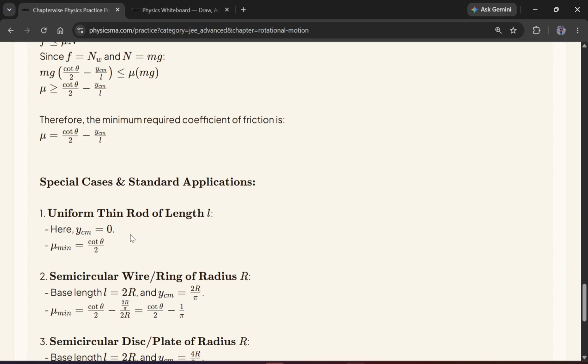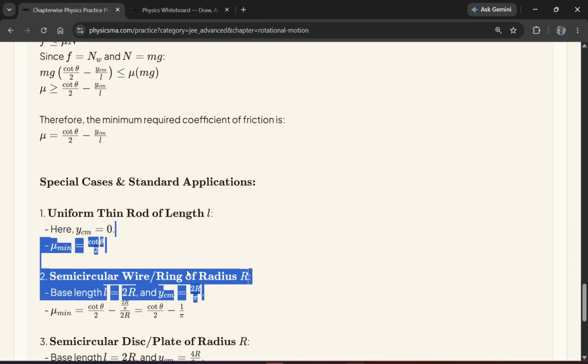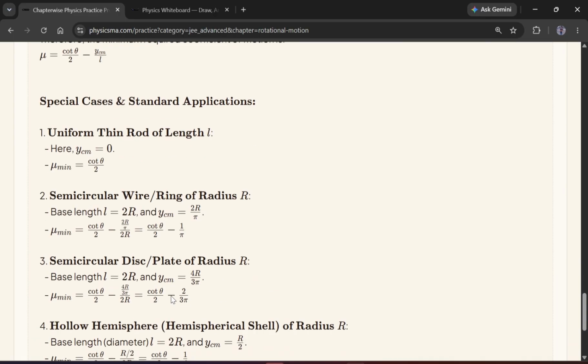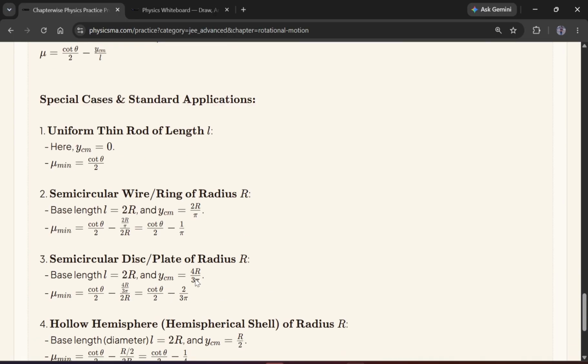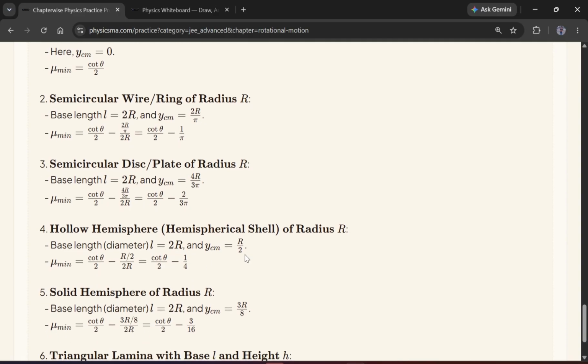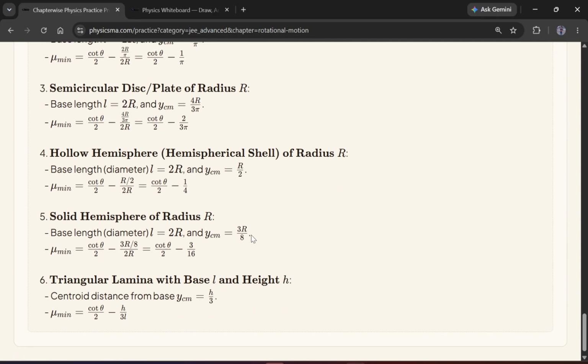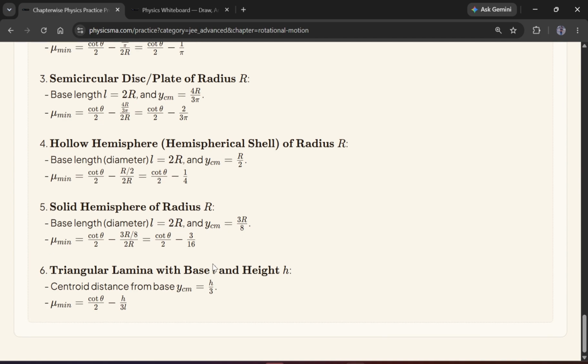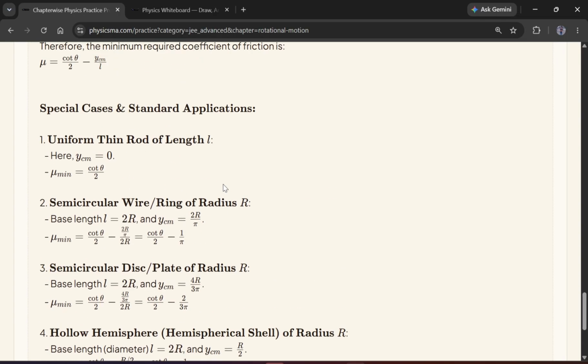And length L is 2R. So mu min accordingly will be obtained. Similarly, for this, 4R by 3 pi. For this YCM, we know hollow hemisphere is R by 2. Solid hemisphere, YCM is 3R by 8. Accordingly, for the triangular lamina with base L and height H, we know YCM is H by 3, right? So this is a standard, pretty interesting result.